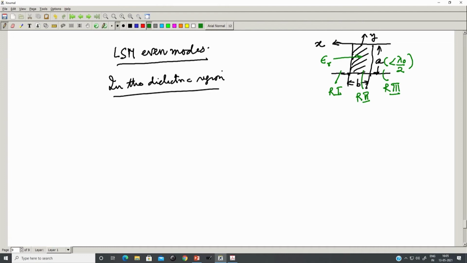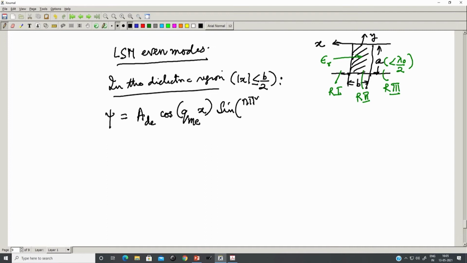So, in the dielectric region, which is essentially mod x less than or equal to b by 2, the psi function is given by A_DE cos(q_me x) sin(n pi y by a) e to the power minus j k_z z.